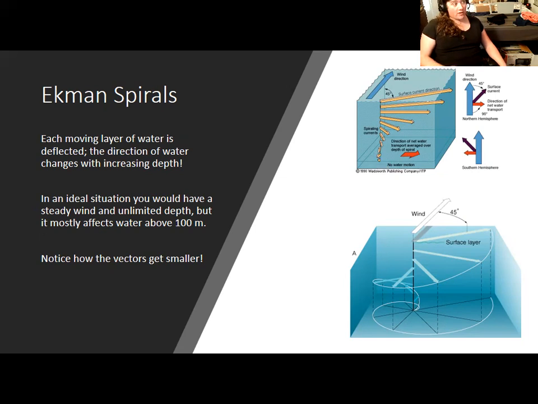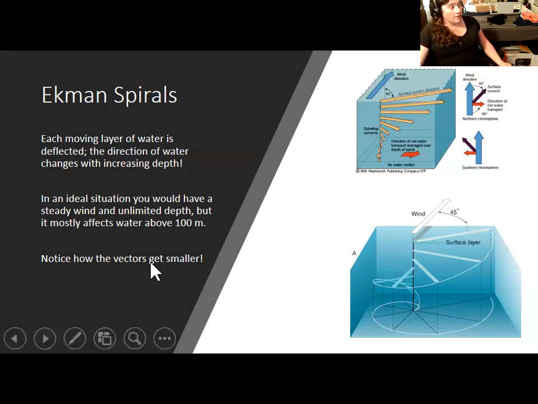You take an average based on both the directions of the different layers of water as well as how strong the movement is, and you end up with an overall direction that is 90 degrees to the right of the original wind direction. That would be 90 degrees to the left of the original wind direction if you were in the southern hemisphere. On this diagram, the little red arrow underwater shows where the water overall moves.